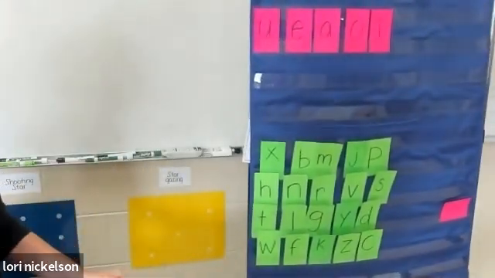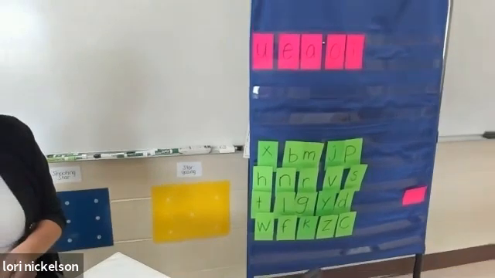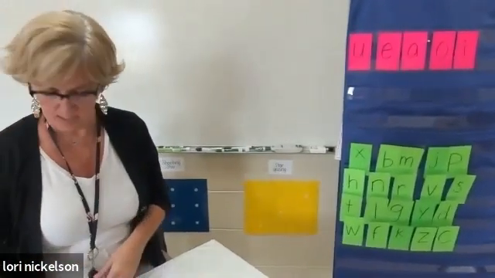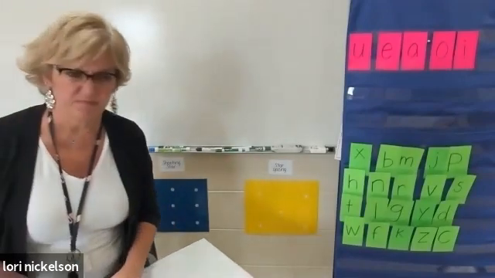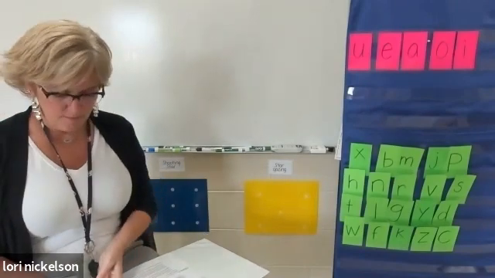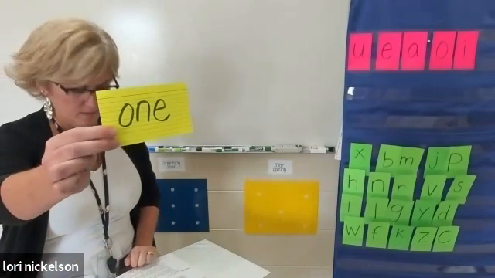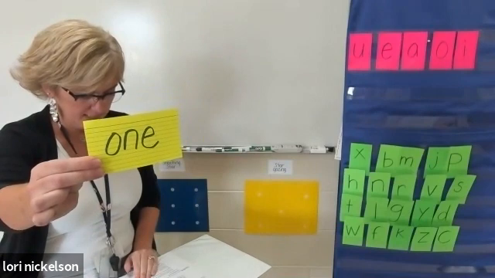Okay, so now what we're going to focus on is our tricky words. Let me get them here. All right, so we have our first tricky word. This word right here. How would you pronounce that by blending it?